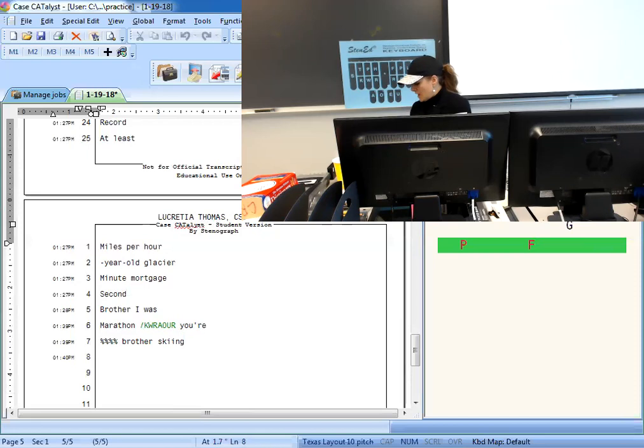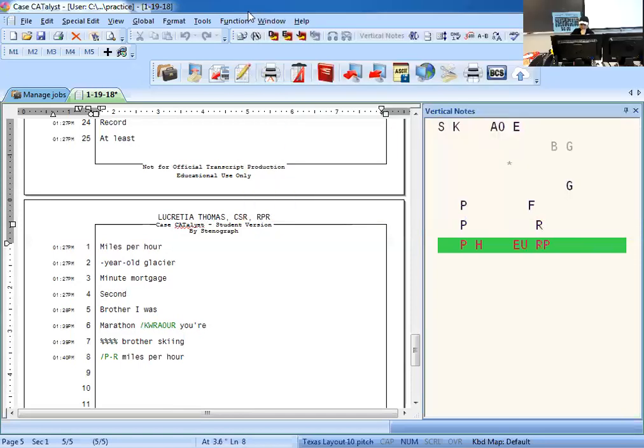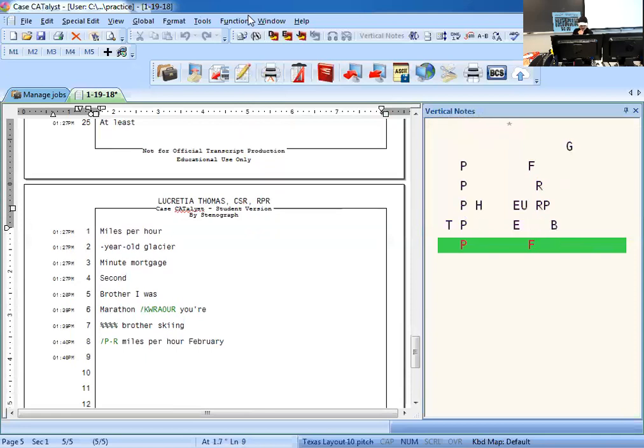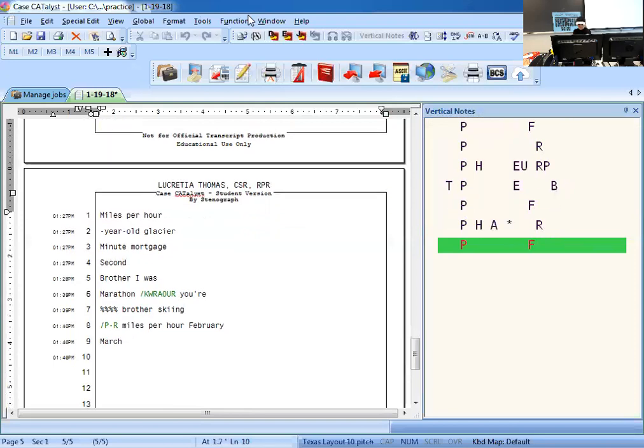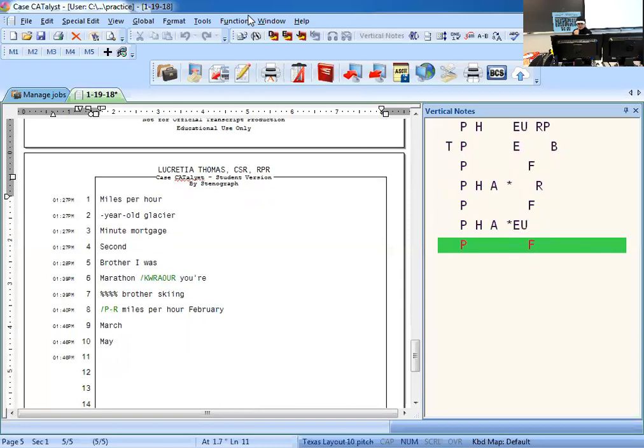And remember, you all, miles per hour, that's tough, is M-I-R-P, miles per hour. You've got February, don't forget your months, FEV, February. March is M-A-R with an asterisk. May is M-long-A with an asterisk.